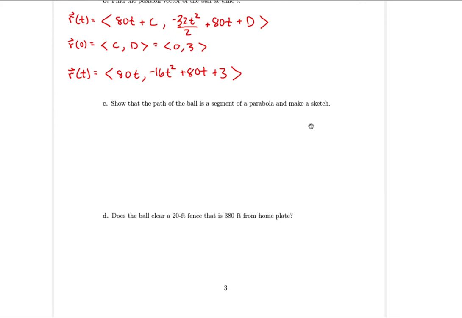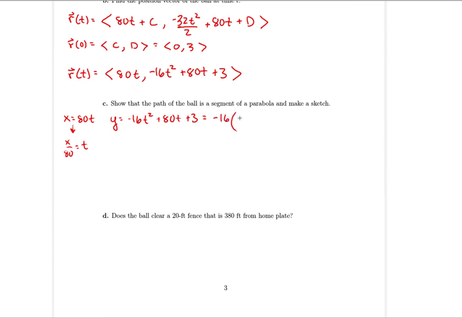So never lose sight of the fact that when we say that we have this position vector that's equal to this, what we're really saying is x equals 80t and y is equal to negative 16t squared plus 80t plus 3. And so what you can do is take this x equation and say, okay, well that means t is equal to x over 80, and then you can plug that in anywhere you see a t in the y.